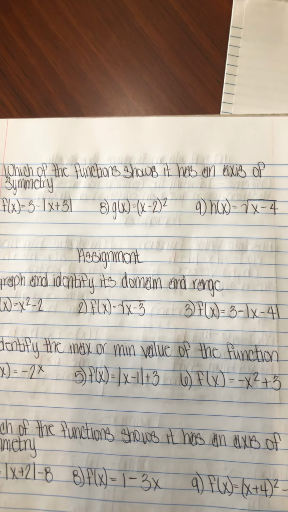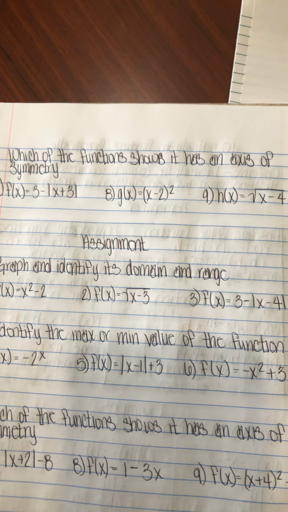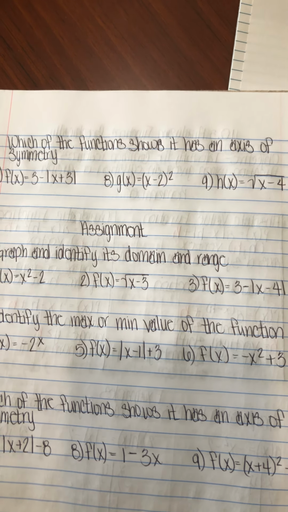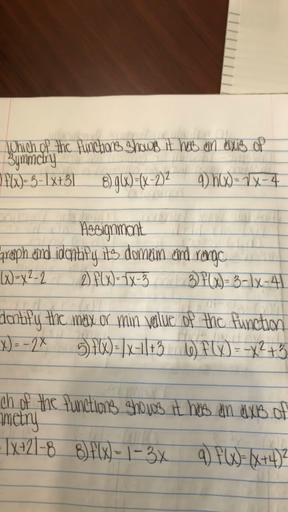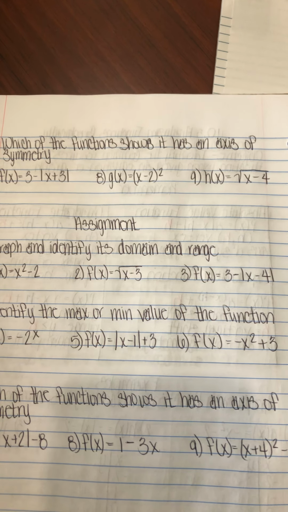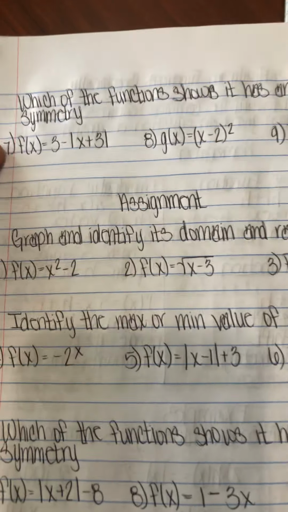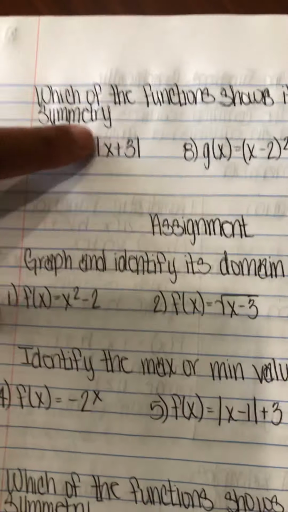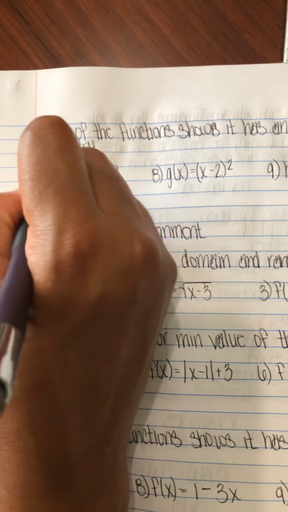So if you see it raised to the power of 2, then you know that it's going to have an axis of symmetry. Remember, axis of symmetry means that you could cut it directly in half and it looks the same on both sides. So looking at the first function that we have here, it gives us absolute value. So that means it has an axis of symmetry.